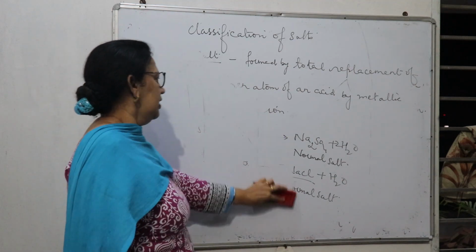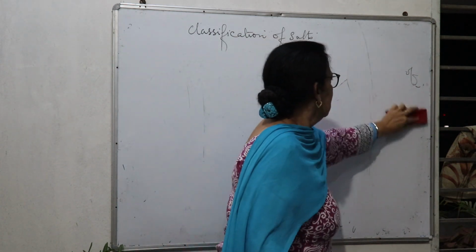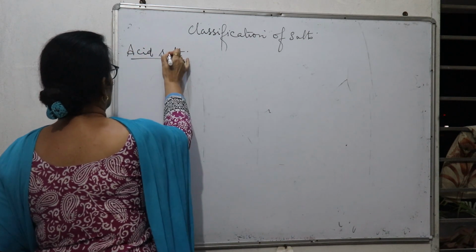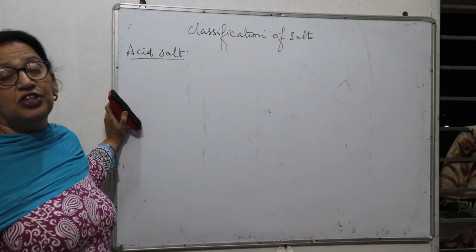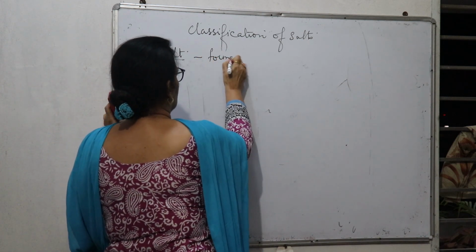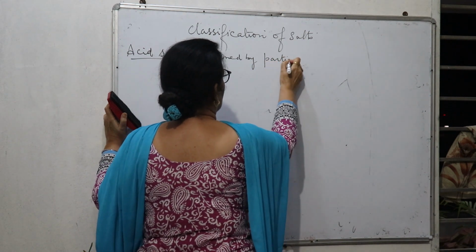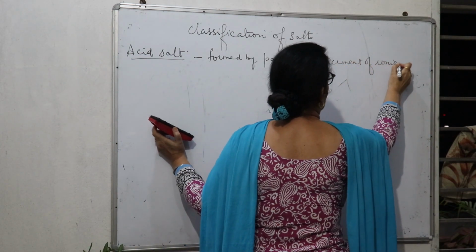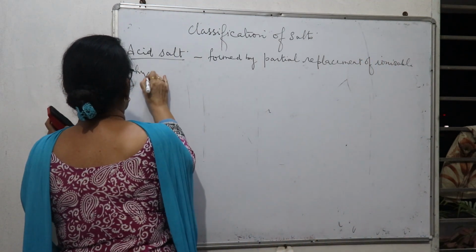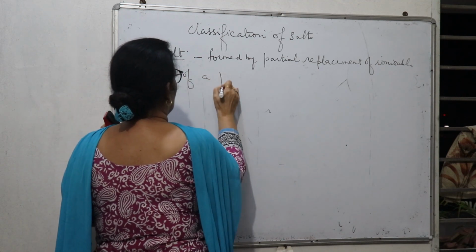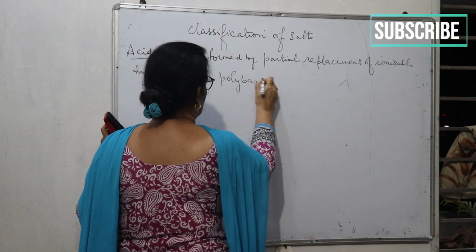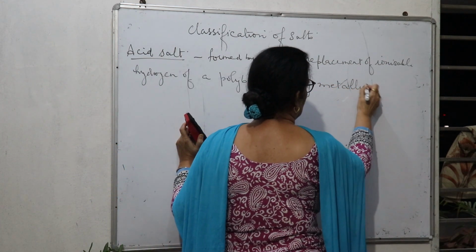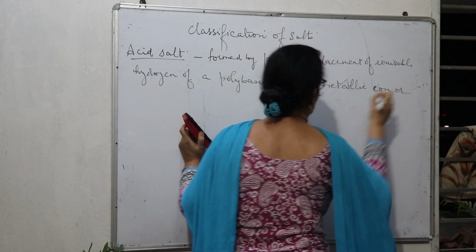Second type of salt, that is acid salt. Acid salt is formed by partial replacement of ionizable hydrogen atom of a polybasic acid by metallic ion or ammonium ion.